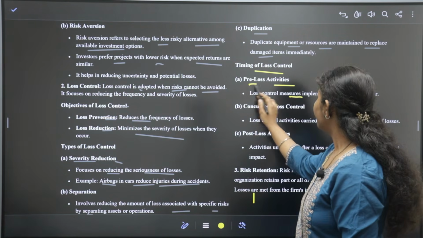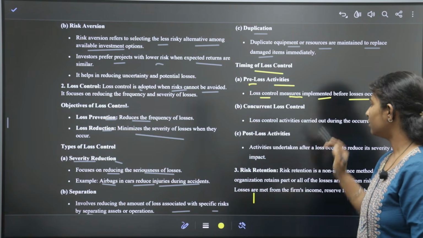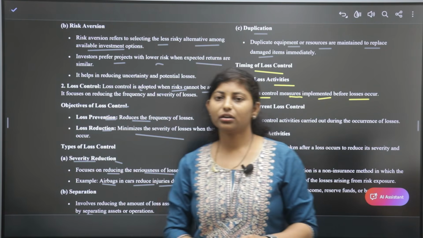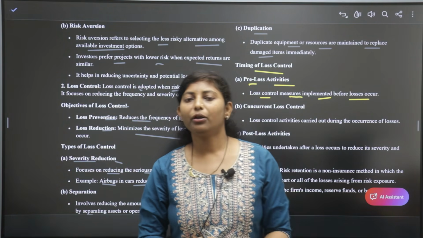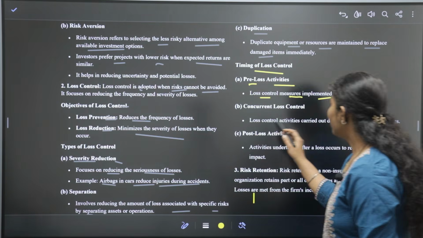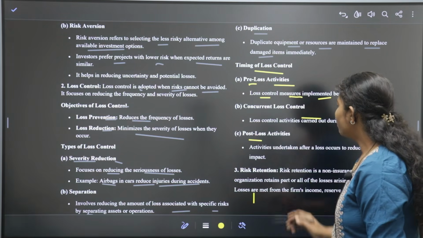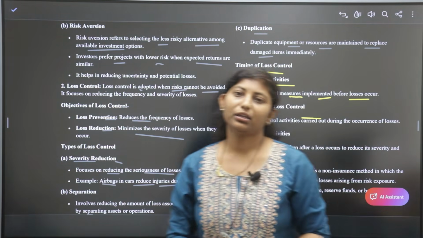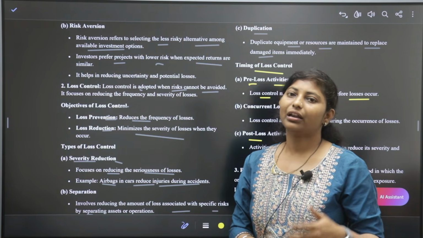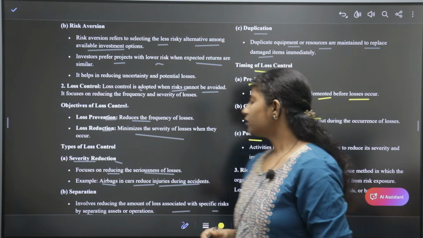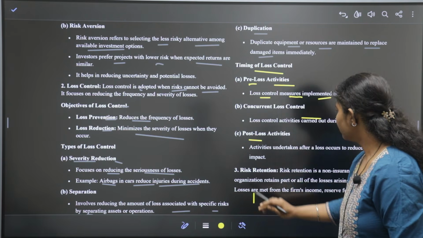Current loss control is when it occurs, at that moment we control it. Next we have post-loss control: the loss has already occurred, and now we are trying to control that loss. Such control we call post-loss activity.